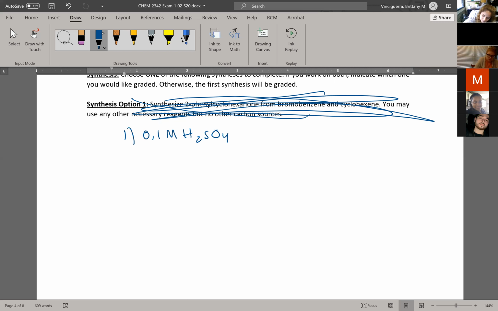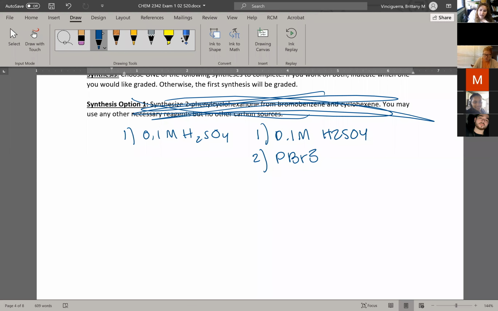You can just write out, 0.1 molar H2SO4. And then your next thing, maybe you want to add, I don't know, I can't even make up stuff, PBr3.